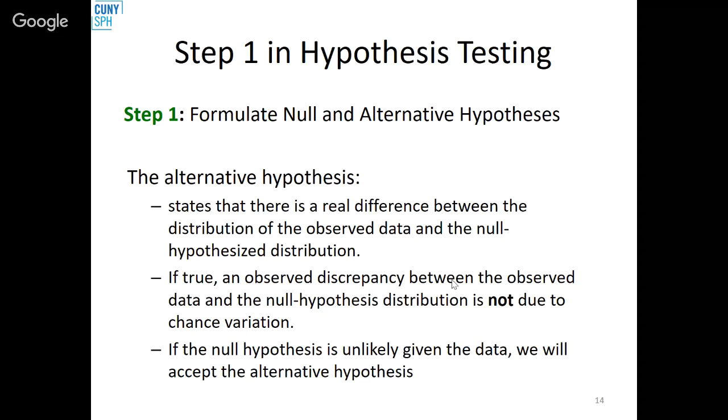Whereas if we observed 180, then that's starting to seem less probable to have come from a population where the average cholesterol level is 211. And the further it is from that population average, and the smaller the standard error, the less probable it becomes that your sample was drawn from that null distribution.